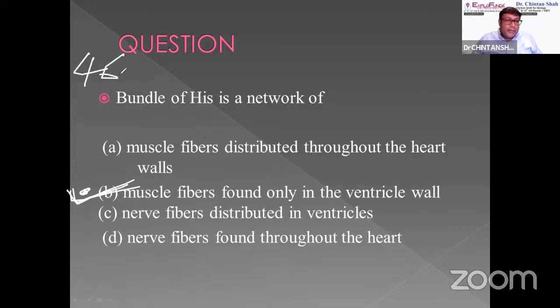So 46 B is the right answer. In the textbook also, it's not written that it has action potential; it's a muscle fiber only. Only the nodal tissues have the combination of nervous tissue and muscle tissue. Are you agree with me? Please write down if you agree with me.